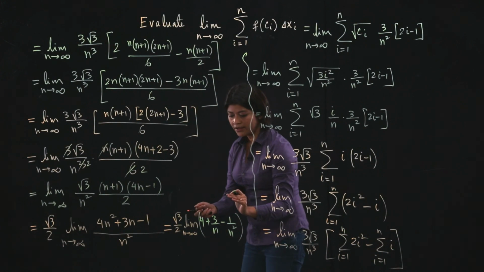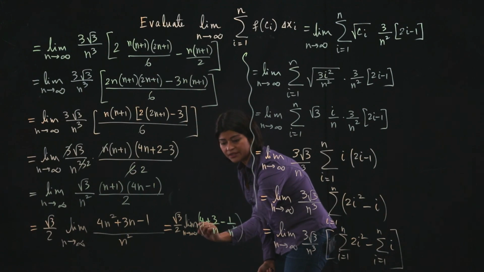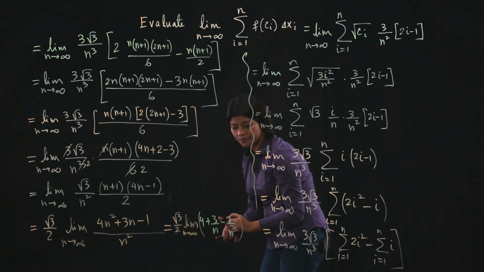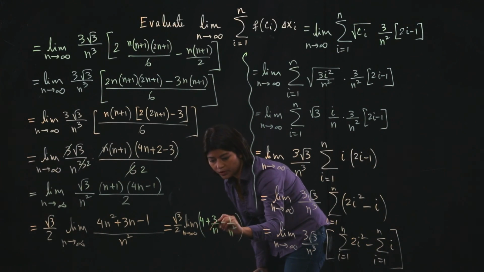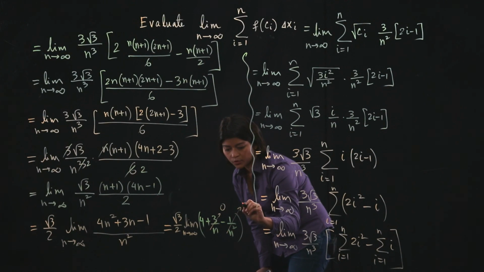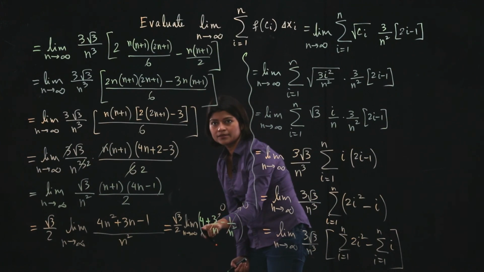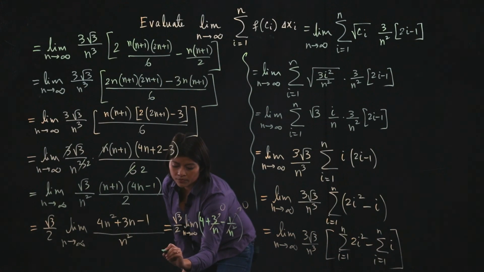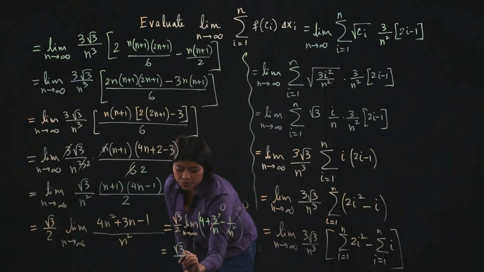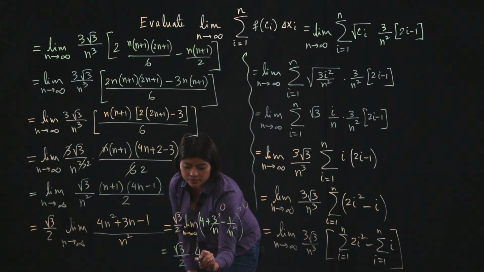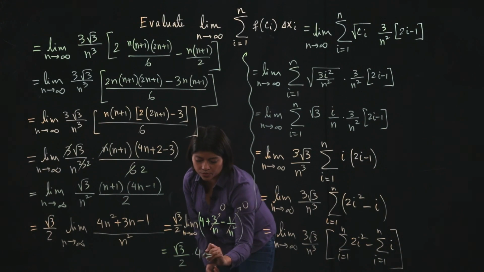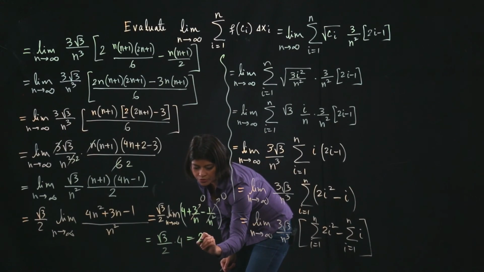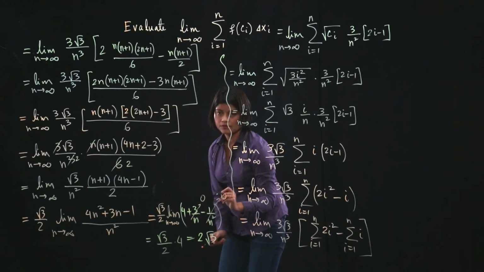The reason we do that is because as n approaches infinity, 1 over n will always approach 0. So you know that this term will approach 0 and this term will approach 0. So the limit is 4. So the answer is square root of 3 over 2 times 4, which is equal to, you can cancel 2 and 4, so it will be 2 times square root of 3.